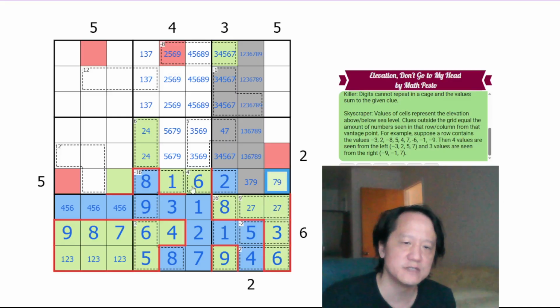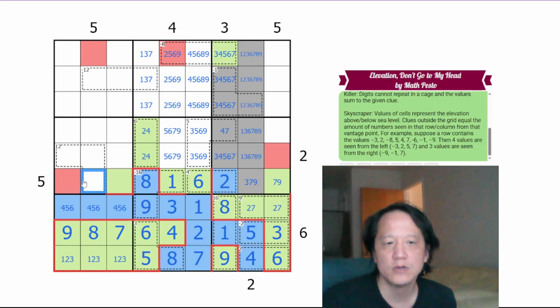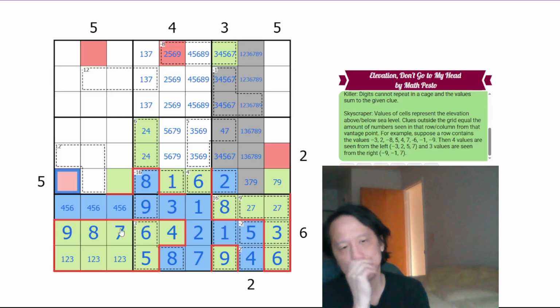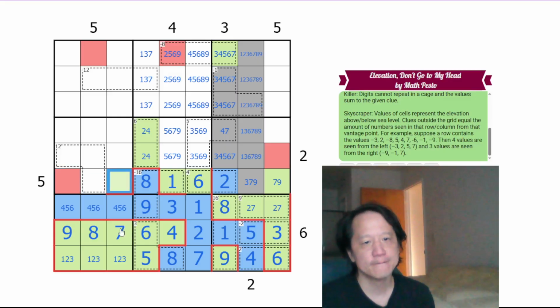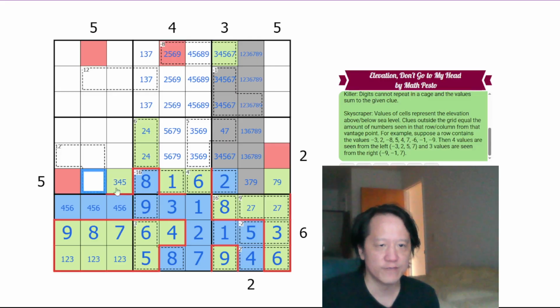Because this must be seen, we have to see the 6 here. We only have 5, 4, and 3 here left, so it must see all of them. Well, we could have a negative here, like, right there. This has to be less than 5, though, so this is 5, 4, or 3. We don't know what these are. We have 3, 4, 5, 7, 9 as possibilities.